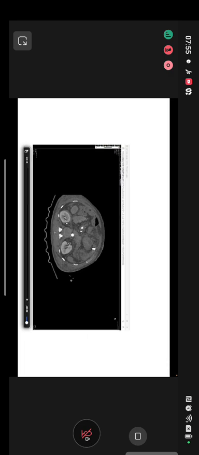There is no apparent contrast extravasation. There is no active bleeding. I am not able to appreciate any aneurysm, sir. But there is collection all over, around all bowel loops. This is collection. This is hematoma.